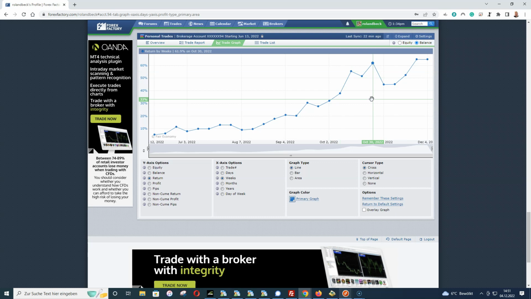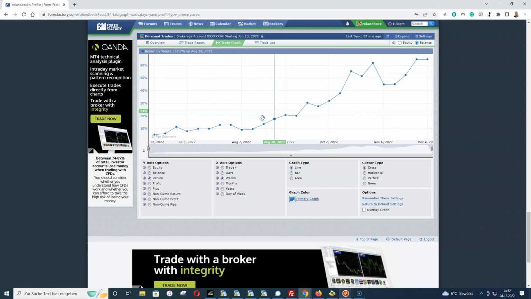And if your account grows to 1000 euros, you can already use 1 mini lot, so 1.10 lots. And then you will see that it goes faster upwards, but of course it can also go faster downwards with more lots. More lots means a loser will make a bigger drawdown.